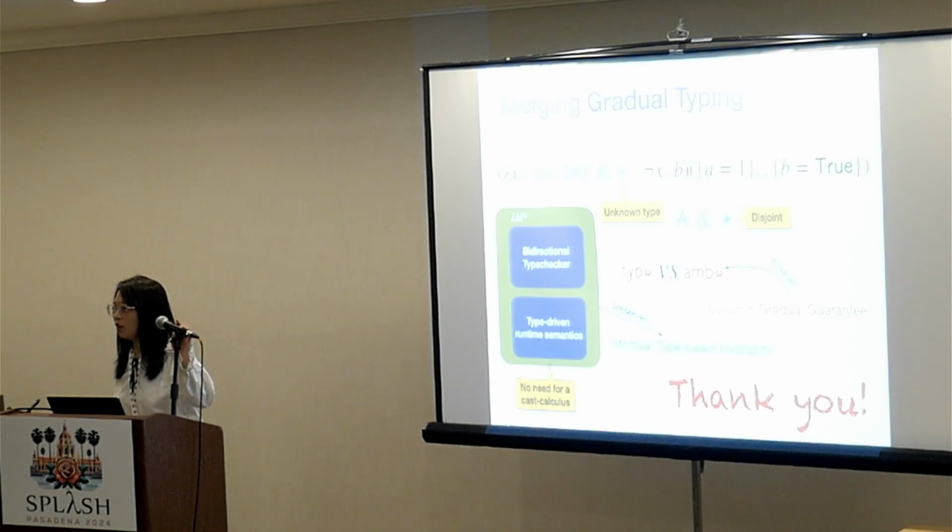Actually, we also considered allowing merges of multiple functions, and at first it caused some problems for the dynamic gradual guarantee, but we think it should be allowed in future work. Okay.